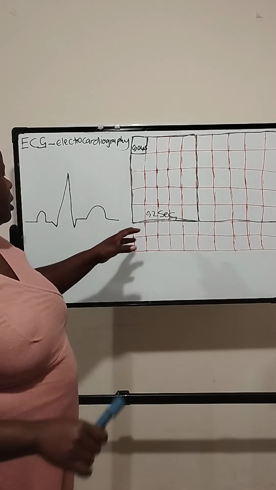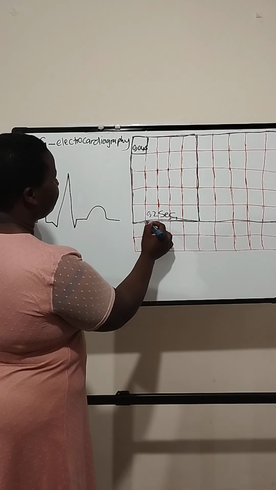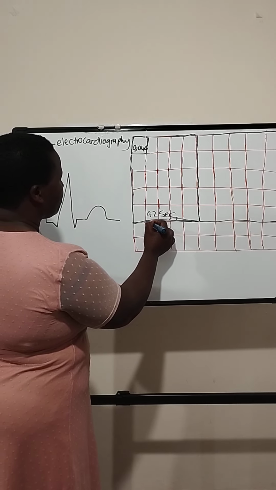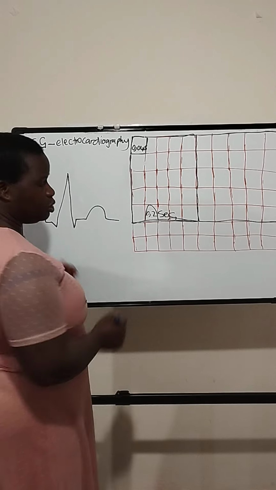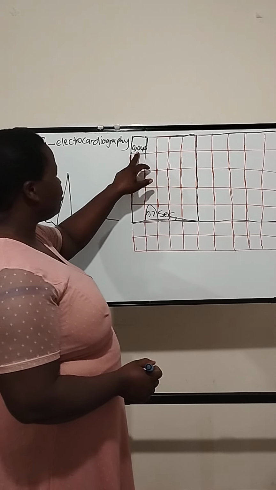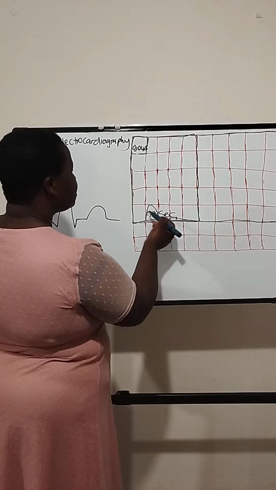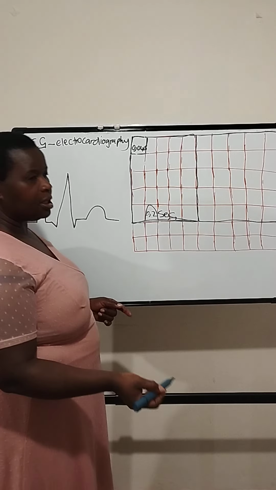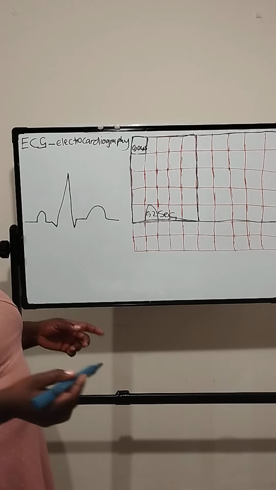So if our P wave covers one box, we'll say it has covered 0.04 seconds. If it covers 2 boxes, we'll say 0.08. 3 boxes, 0.12 seconds.